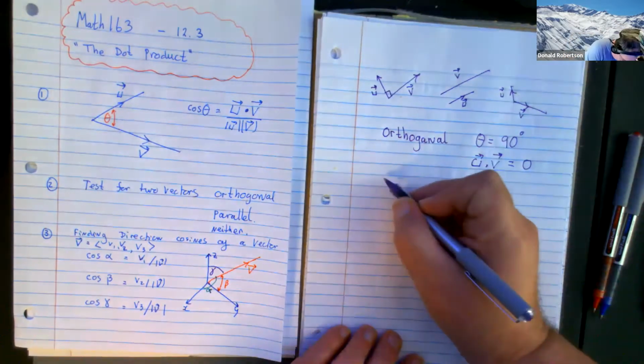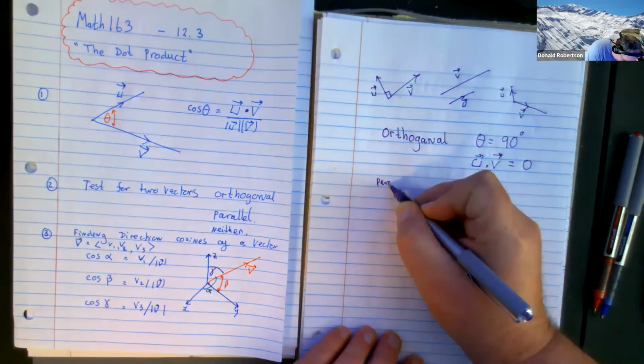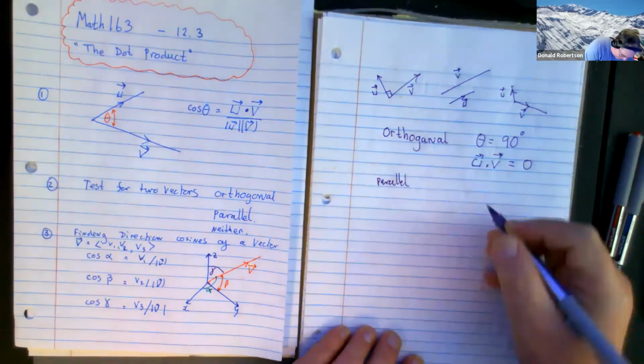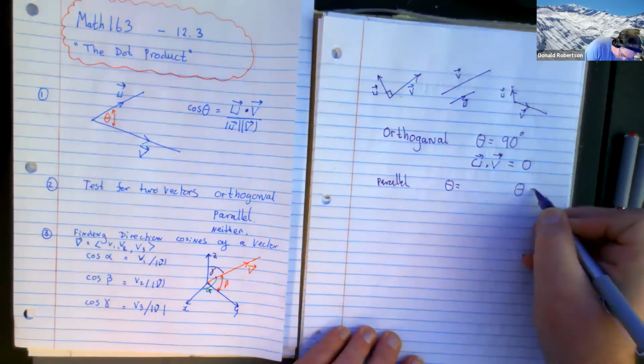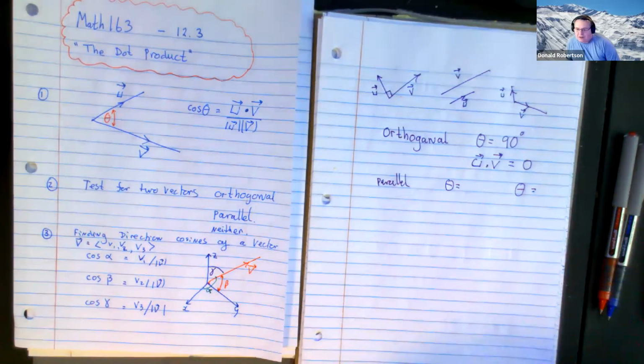Now, if you want them to be parallel, the angle is actually one of 2 possibilities. If 2 vectors are parallel, then the angle between them would be what number?